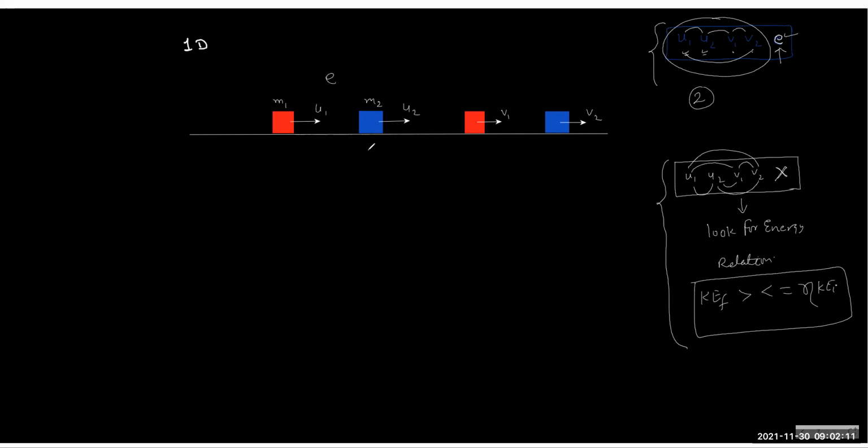So for the sake of analysis, let's make this assumption that after collision, the red block bounces back. Quite possible, not a big deal. So the assumption of V1, we should keep left, not a big issue.